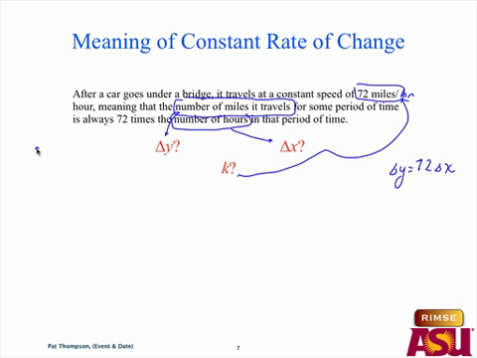How can we define the quantity y? If delta y is the number of miles traveled, it's kind of like an additional number of miles, right? So what is the quantity y exactly? The number of miles the car traveled before it went under the bridge. Good, number of miles to travel before it goes under the bridge.